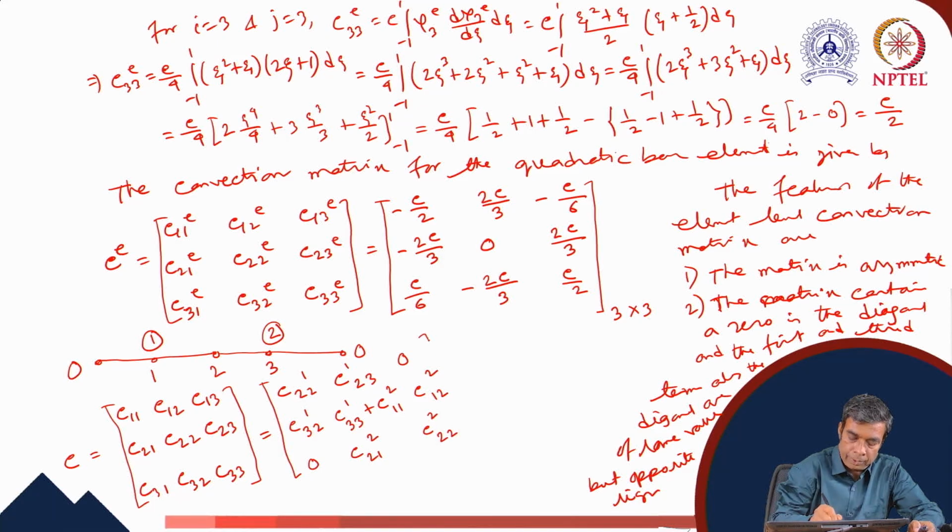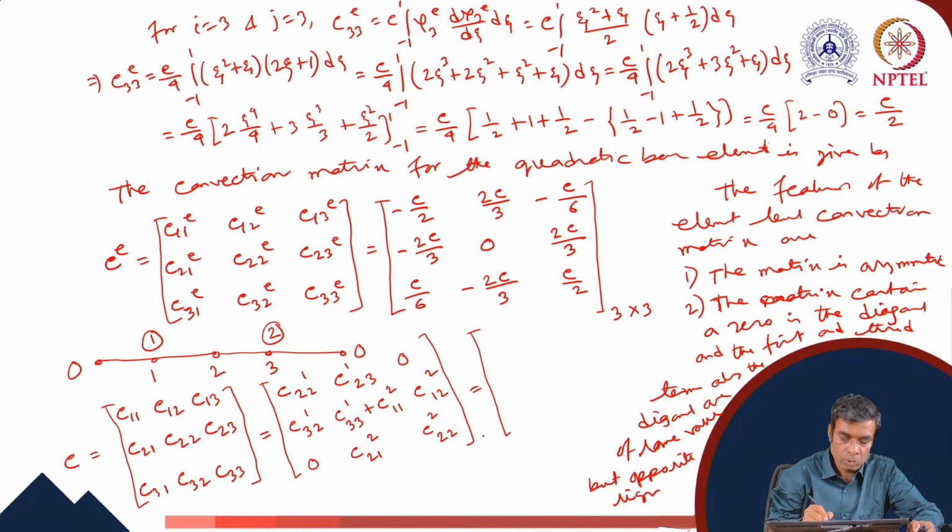Now we can substitute the numbers here. We can see that C221 is 0. C231 is 2C by 3. Then we have 0. In the second row, we have C321, which is minus 2C by 3.